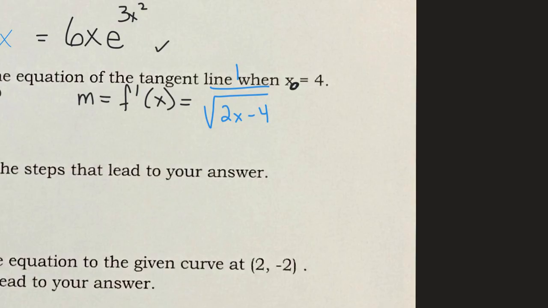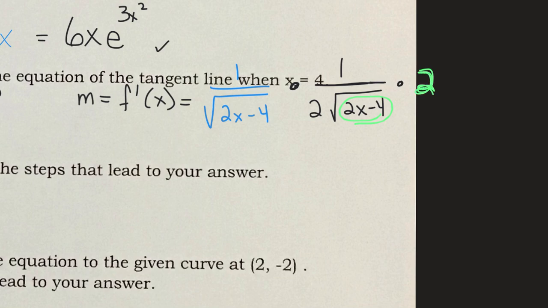So what is the derivative of square root of 2x minus 4? Well, if you've memorized your square root derivative, that's 1 over 2 times itself. Right? 1 over 2 times itself times the derivative of what's underneath your radical, which is just 2.